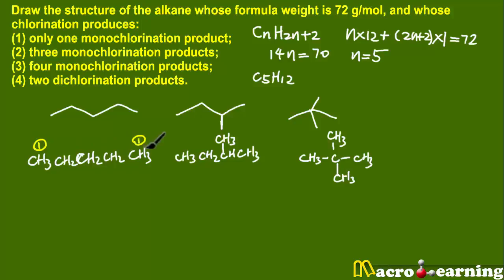But these 6 hydrogens are all the same, and these 4 are all the same, and they belong to a single type. Let's call it type 2, and these 2 in the middle is another type. So we have 3 types of different hydrogen atoms, and that means we have 3 monochlorination products.